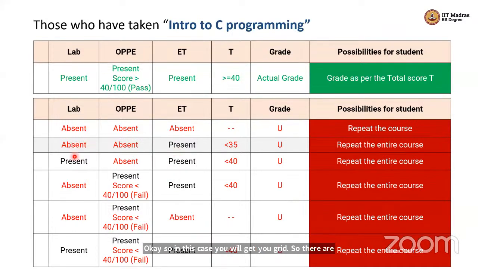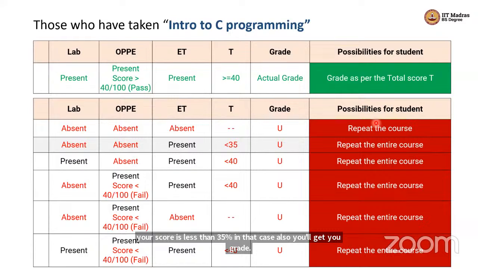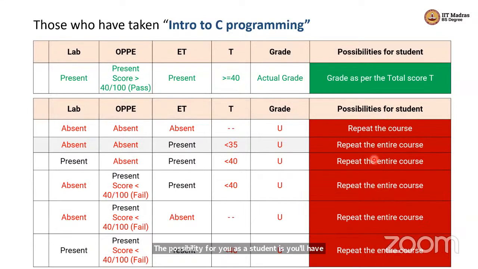Suppose you are absent for lab and OPPE and you are present for the end term, and if your score is less than 35%, in that case also you'll get U grade. The possibility for you as a student is you will have to repeat the entire course every time you get the U grade. So that's the only possibility. Okay. So this is the second category.